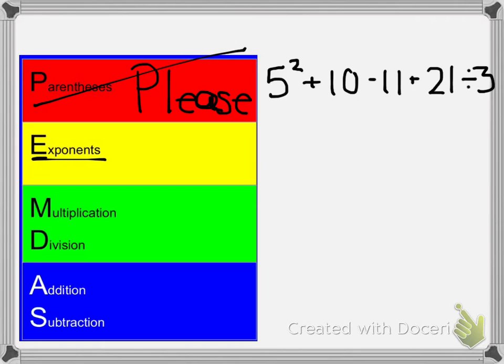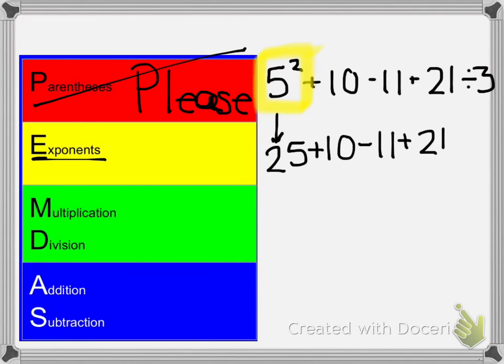My exponents, which I'm going to highlight in yellow, are 5 squared, or 5 times 5. So that is going to simplify to 25, and I'll just bring the rest of my equation down. Plus 10 minus 11 plus 21 divided by 3.